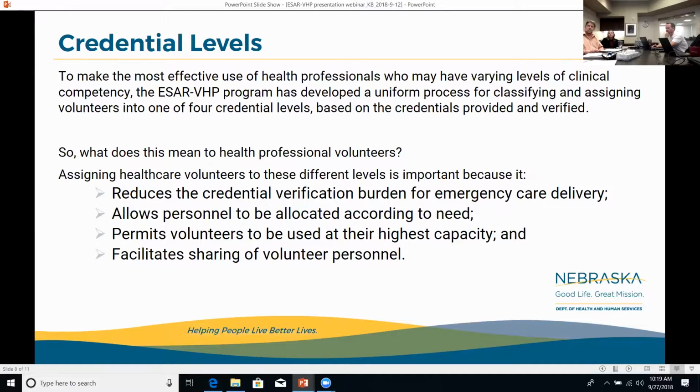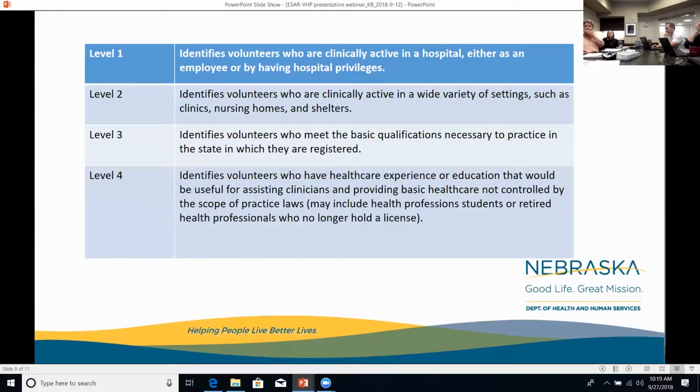Assigning healthcare volunteers to these different levels is important because it reduces the credential verification burden for emergency care delivery, allows personnel to be allocated according to need, permits volunteers to be used at their highest capacity, and facilitates sharing of volunteer personnel. Those 4 levels are categorized as level 1, 2, 3, and 4.